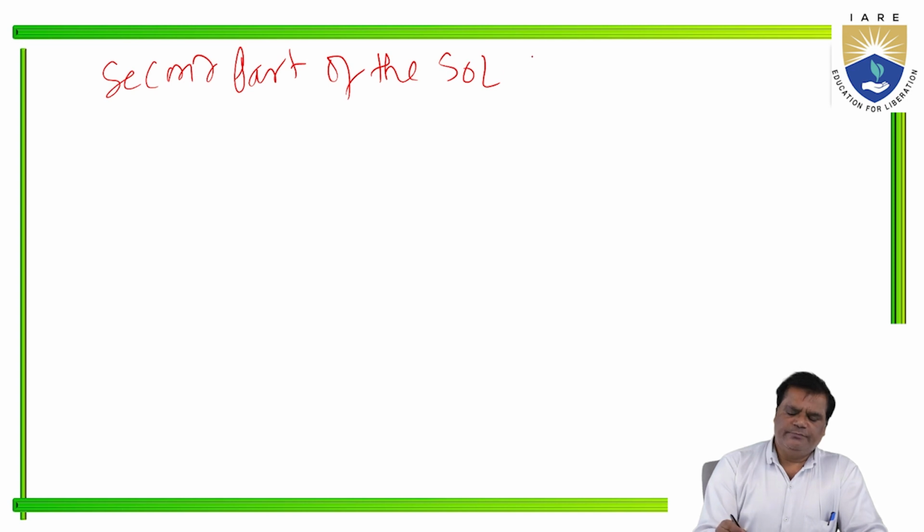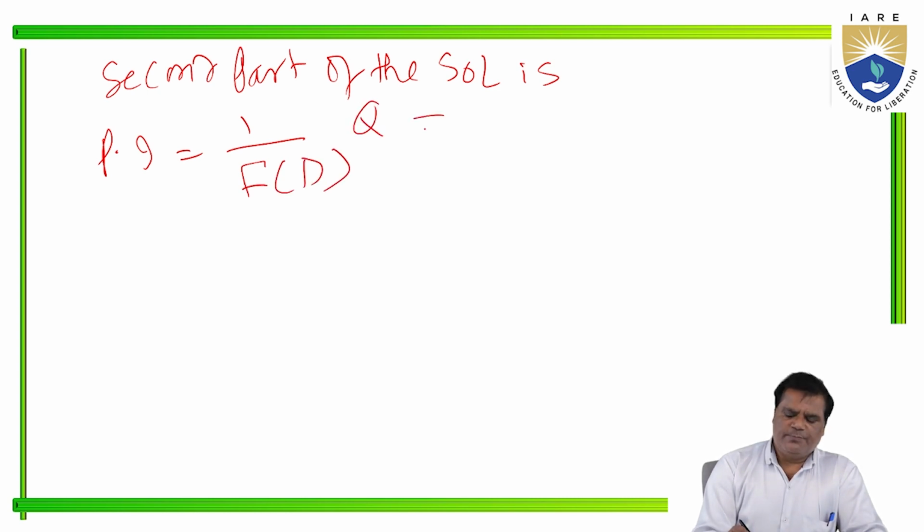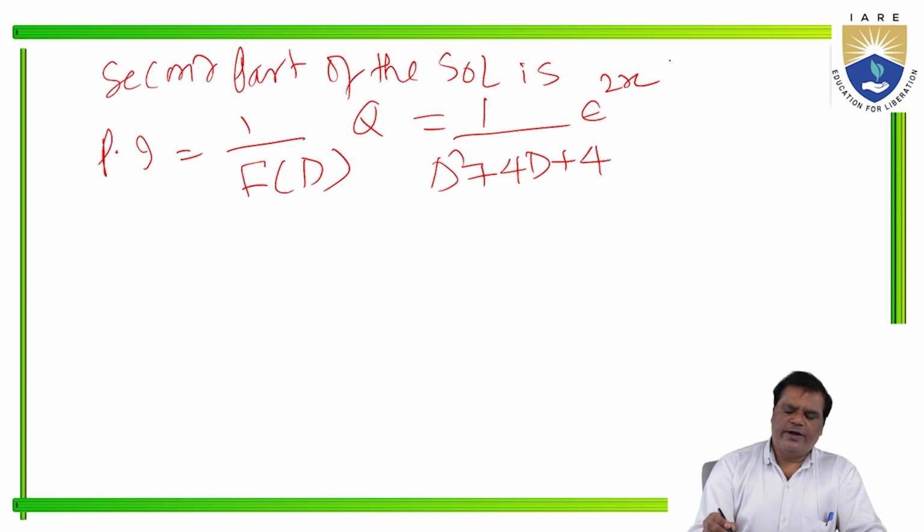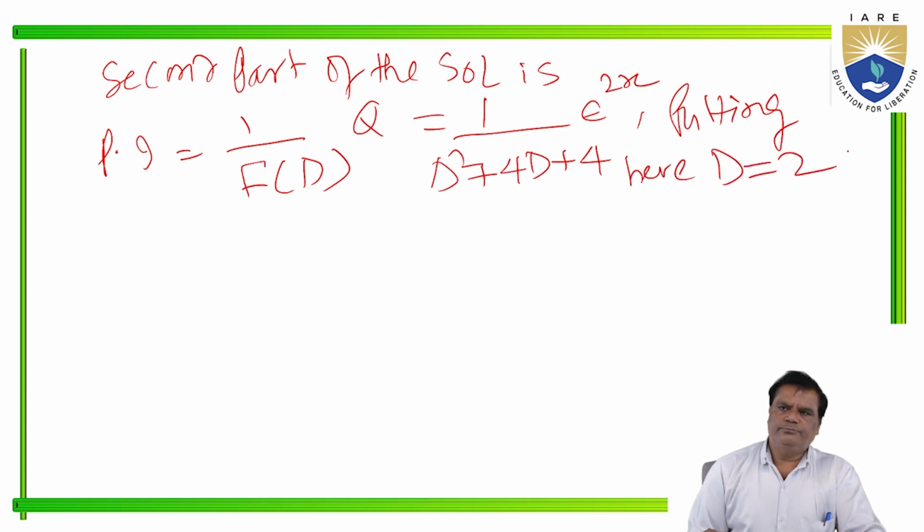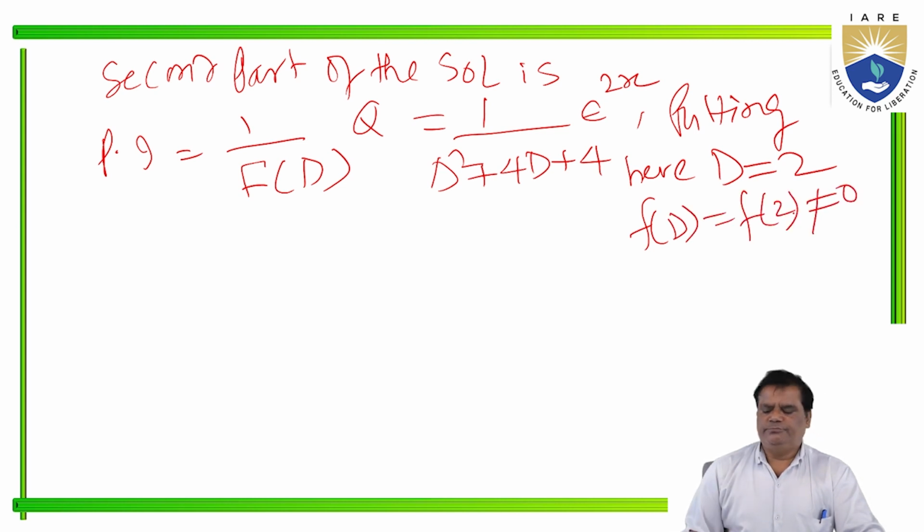The second part is PI. Particular integral equals 1 upon f(D) into Q. So 1 upon (D square plus 4D plus 4) into e to the power 2x. Putting D equal to 2, f(D) equals f(2), which is not 0.